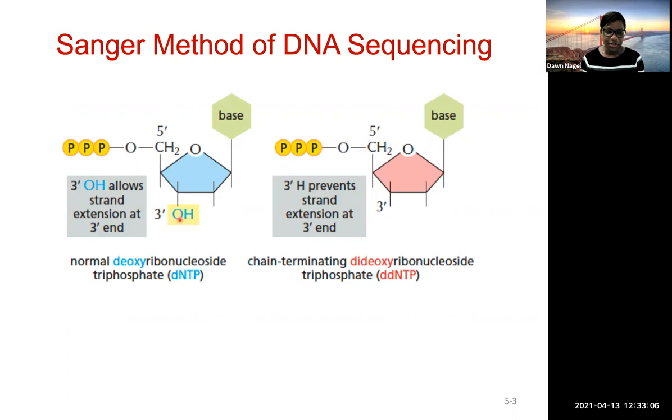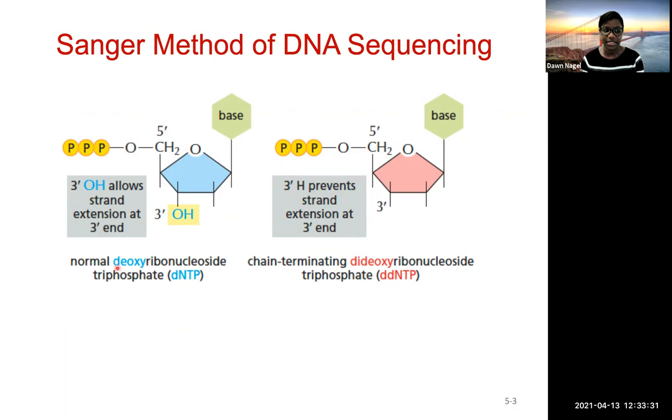So because DNA polymerase needs to add the incoming base to this 3' OH, they took advantage of this to generate a similar nucleotide that, instead of having this 3' OH, lacked that 3' OH.